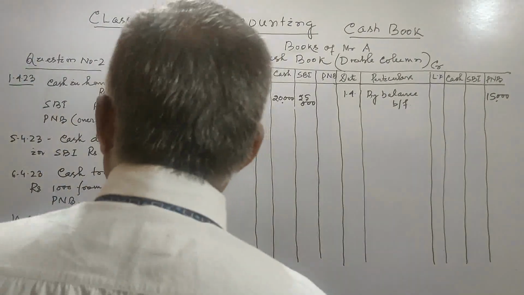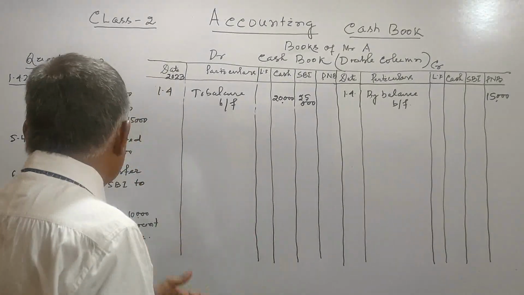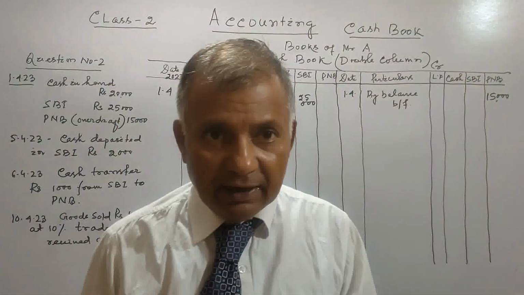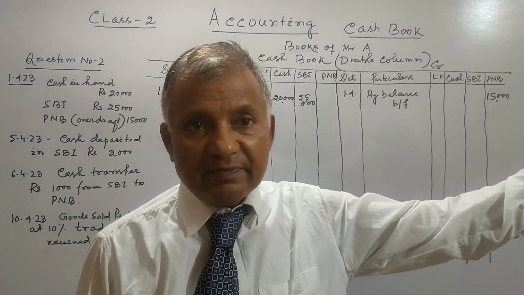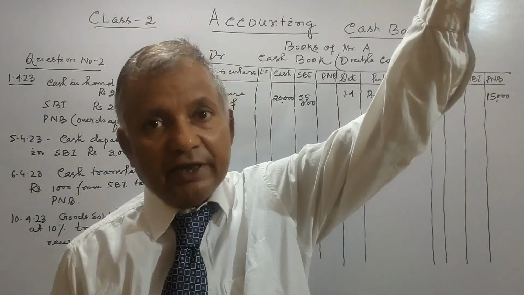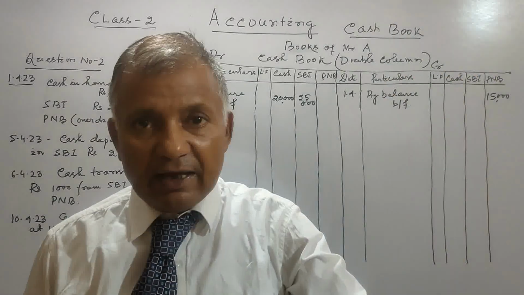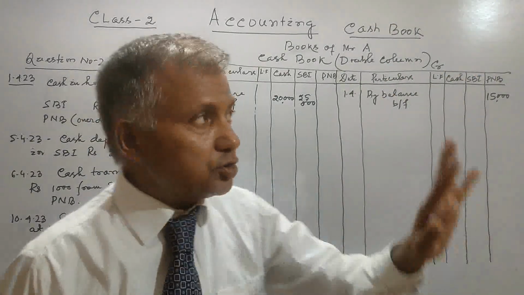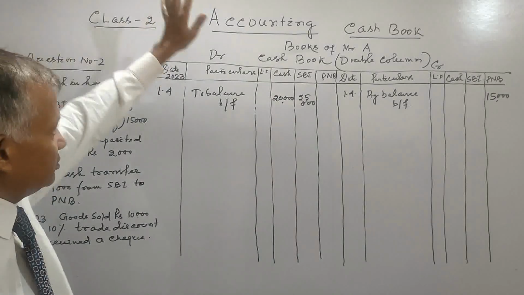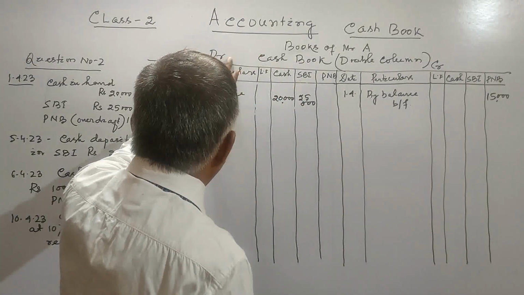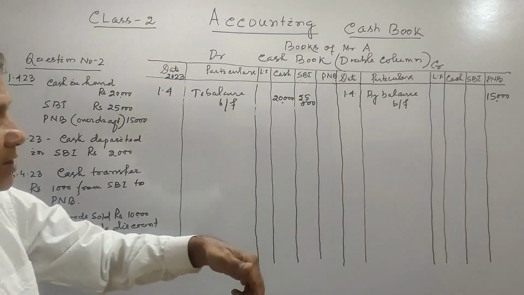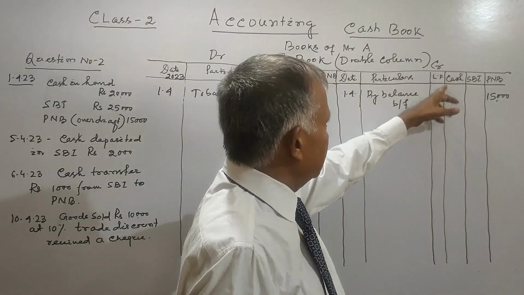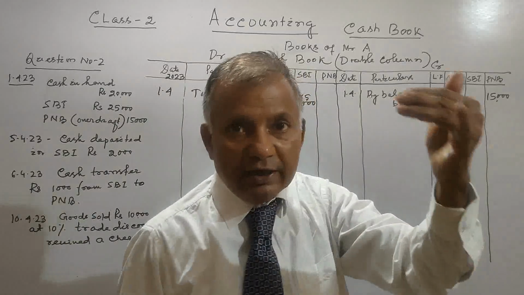Now we have cash deposited in SBI. That means the business cash is deposited in SBI. So bank balance will increase, cash balance will decrease. So SBI account, debit side will increase and cash, credit, cash will decrease.